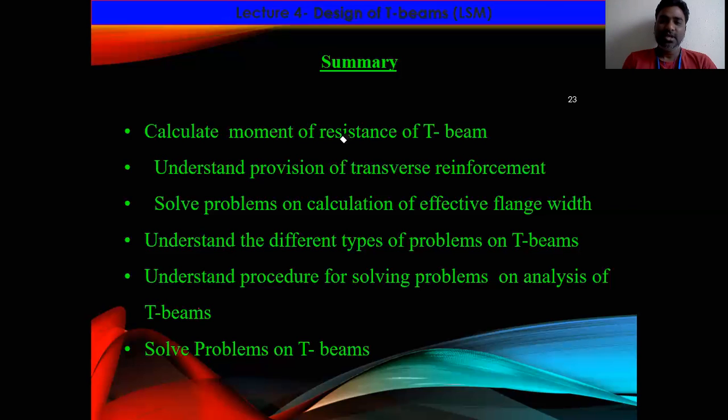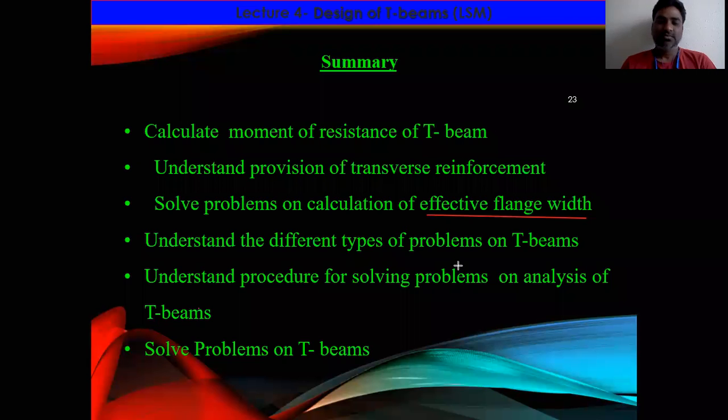Based upon IS 456-2000 and the given data, you need to determine the effective width of the flange. So we solved one example problem on determination of effective width of the flange for a T section. Later, we discussed the different types of problems that arise in T-beams. That means analysis problems.